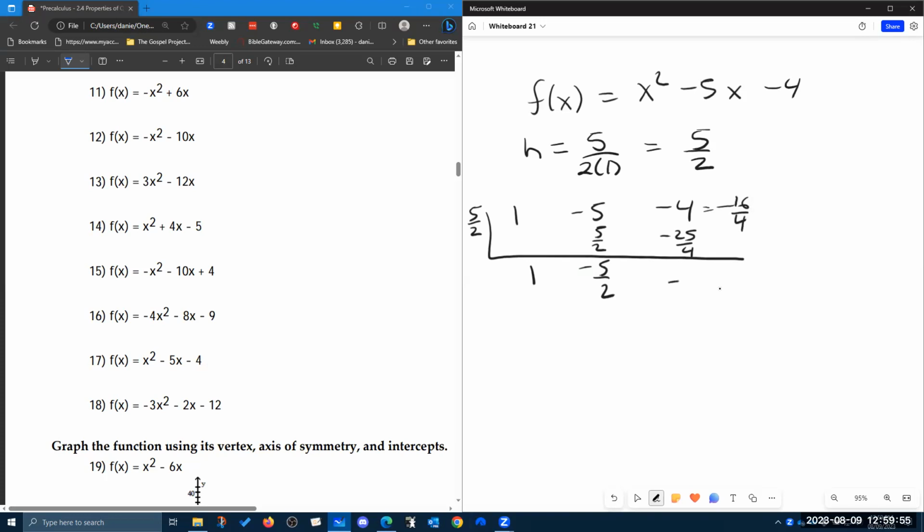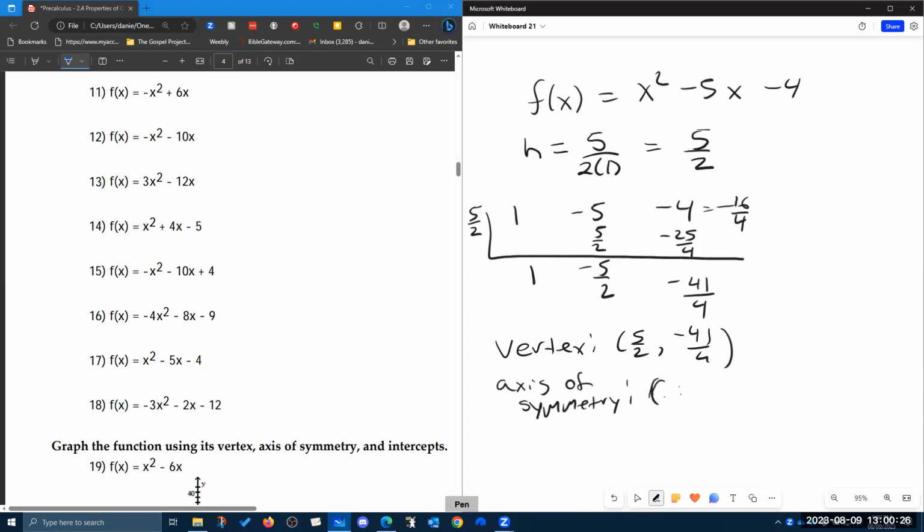When I add those together, this is -39 over 4. Oh, sorry, this is -41 over 4. My apologies. So my vertex is (5 halves, -41 over 4), and our axis of symmetry is x equals 5 halves.